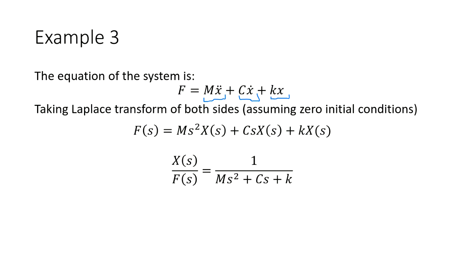So this is ms squared X(s), csX(s), kX(s). And then the transfer function is the ratio of the output by the input. If you notice, X(s) is common here. And then we have ms squared plus cs plus k, which is this. Is this okay? Straightforward?